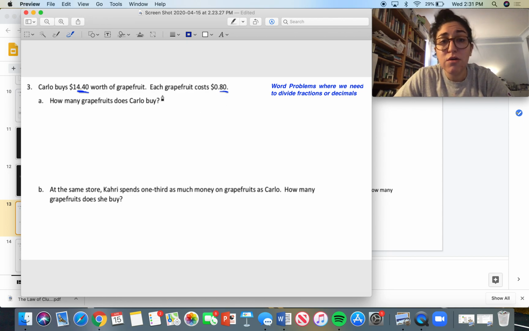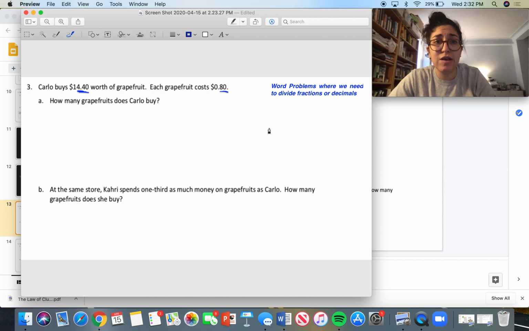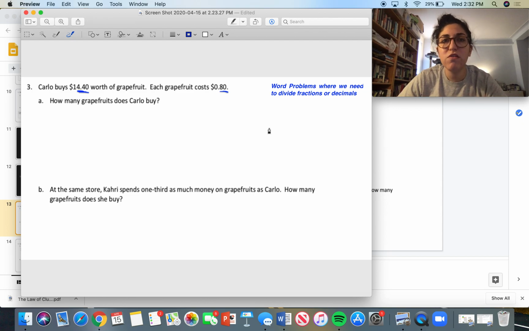Because I know, for me at least, when I first saw this, the decimals would totally throw me off and I would forget even what to do. So if you take out those numbers, it might help you understand what you should be doing. Should you be adding? Should you be dividing? Should you be subtracting? And that often helps, all right?